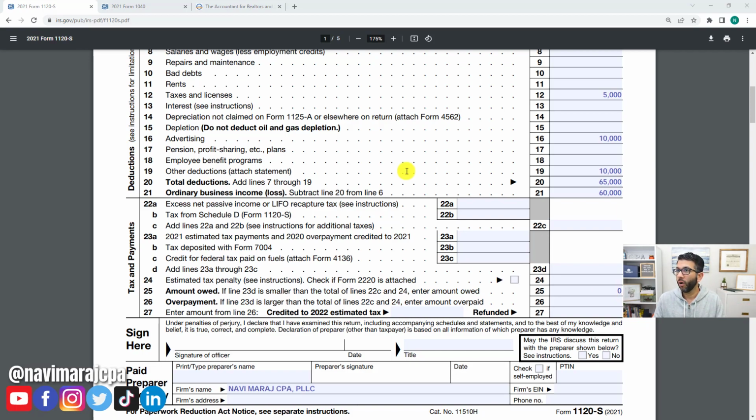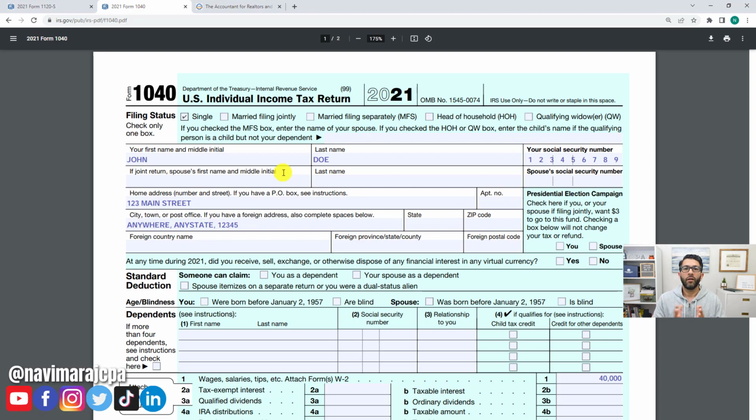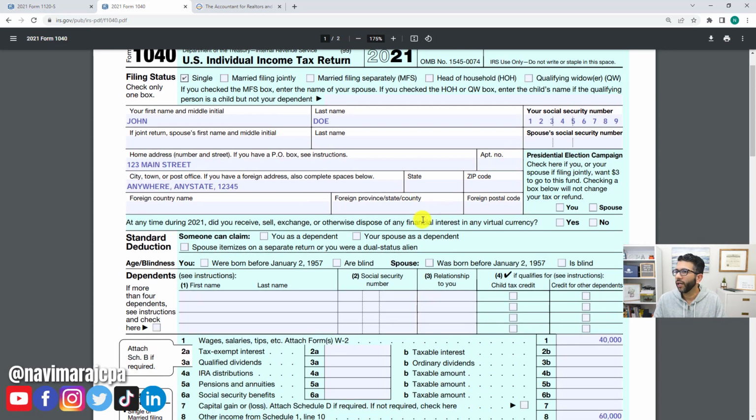So what I have for you on this other screen here is the officer's individual tax return, okay? I'm just calling this person John Doe. They live at the same place, or their business is a home-based business or whatever, 123 Main Street, Anywhere, Any State, 12345 is the zip code, all right?